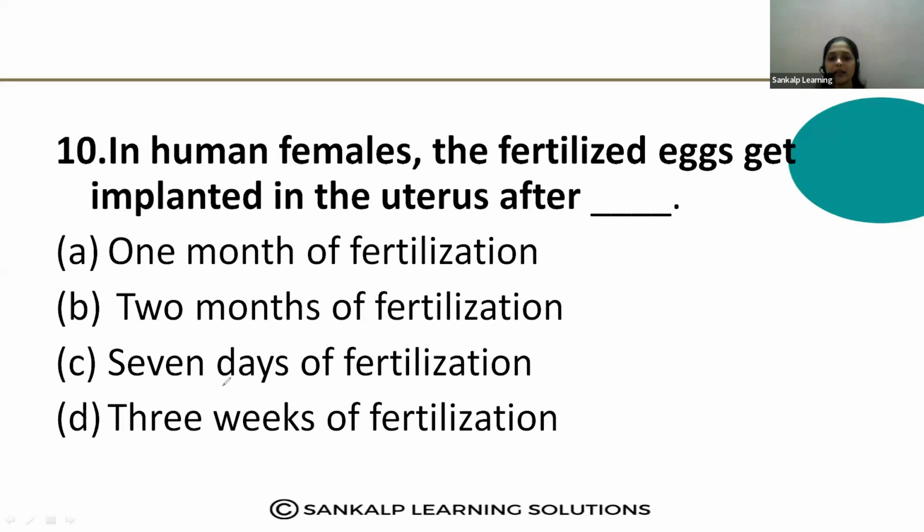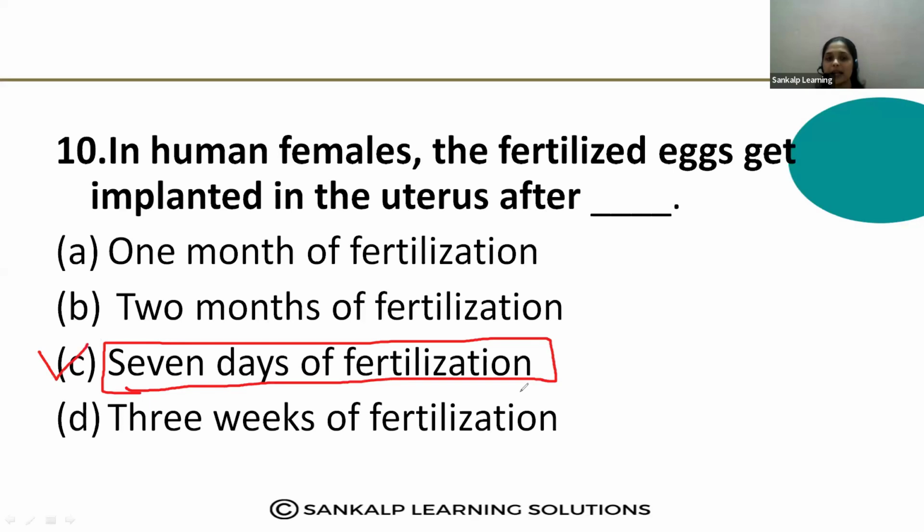Within 7 days of the fertilization. Within 7 days, the cleavage and the developmental stages of the zygote complete and it forms the blastocyst, which gets implanted in the uterus. So that is the correct answer. Option C is the correct answer for the 10th question.